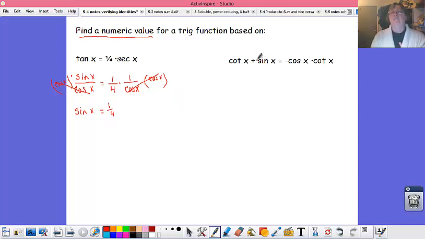Well, this one looks a little bit more ambitious, but it's got some of the same flavor. I see cotangent on both sides. Well, let's investigate. Suppose we divide through by that cotangent right off the bat. Let's divide everywhere by the cotangent of x and see what happens.